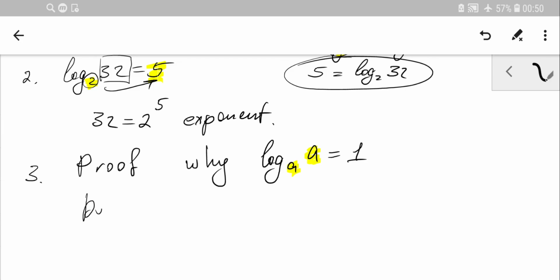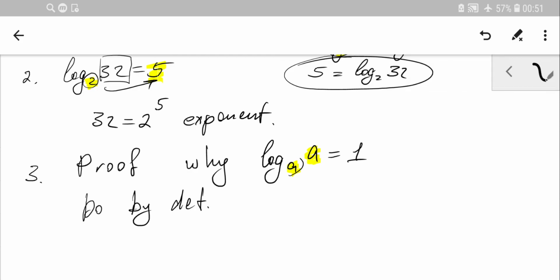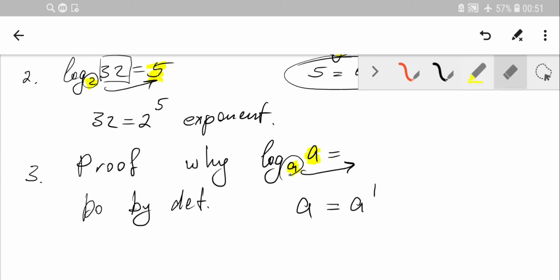What we need to do is take the base, raise it to the power of what stays on the right side of the equality, and we should get a. If we raise a to some power, let's say x, we don't know that it's actually 1. We need to prove that. So we raise a to the power of x, and that's how we get the number a. So a equals a to the power of x.